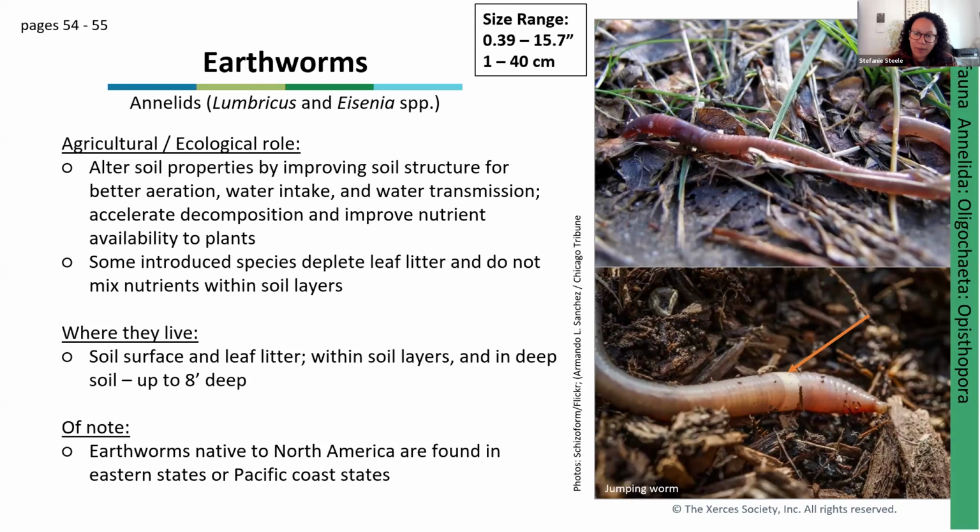However, I will say that about 1/3 of our worms in the US are introduced species. And so it's only on the Pacific coast and the eastern states, the two coasts, that have native species. It's thought that the central states, like here, I'm in the upper Midwest, that glaciers wiped out our native earthworm populations tens of thousands of years ago.